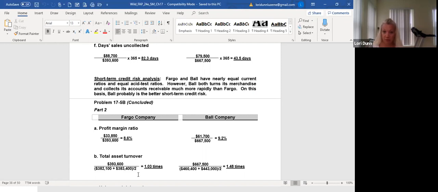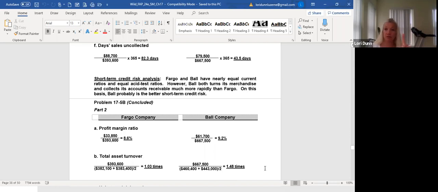Do the same thing for Ball Company. Their net sales, 667,500, divided by their average total assets, beginning 443. That's on the right-hand side information. And then ending would be the 465,400. Divide that by 2. The average is then divided into their net sales, and they get 1.48 times.